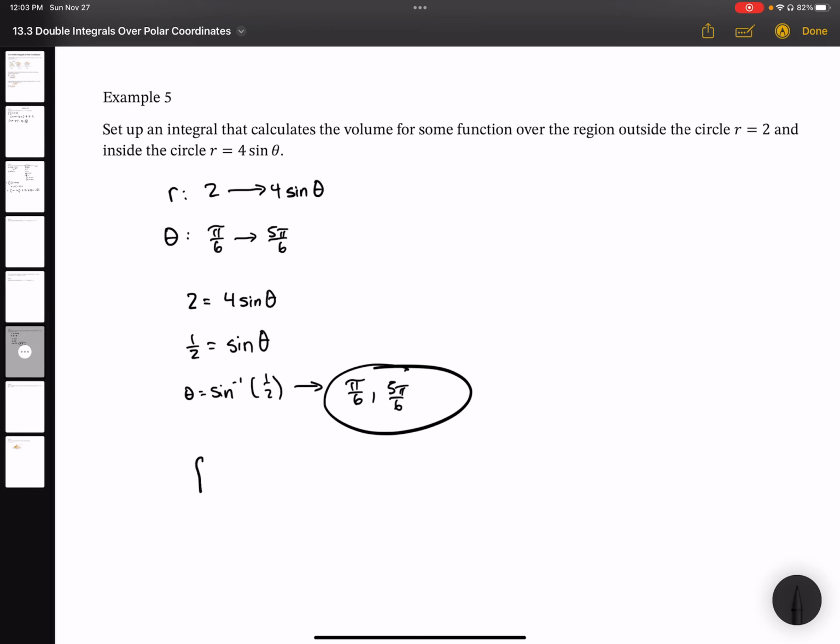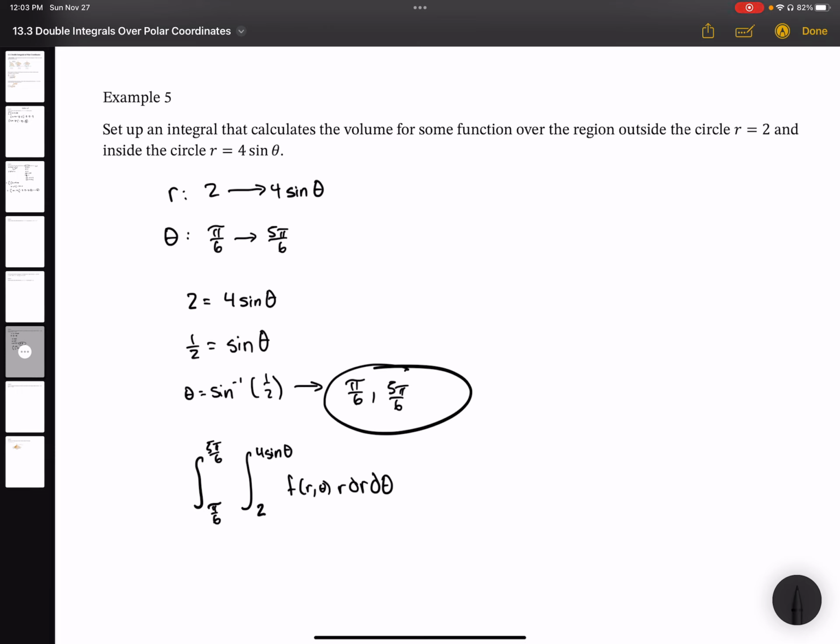So our integral would be from pi over 6 to 5 pi over 6, and then from 2 to 4 sine theta, and then we'd have some function, we don't know what it is, so we'll call it f of r theta, r dr d theta.